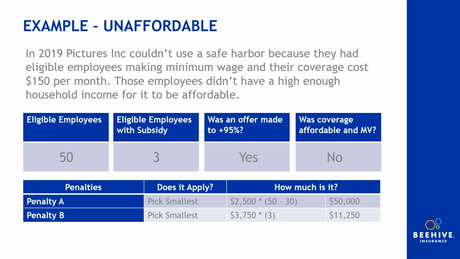And penalty B ends up being $11,250. And it is definitely smaller than $50,000. So this is why you want to offer some type of coverage, if at all possible, so that you offer to at least 95%.